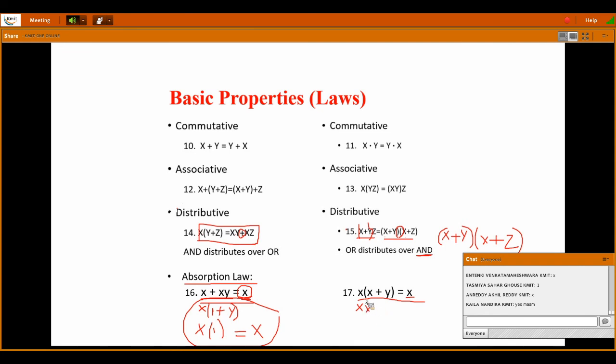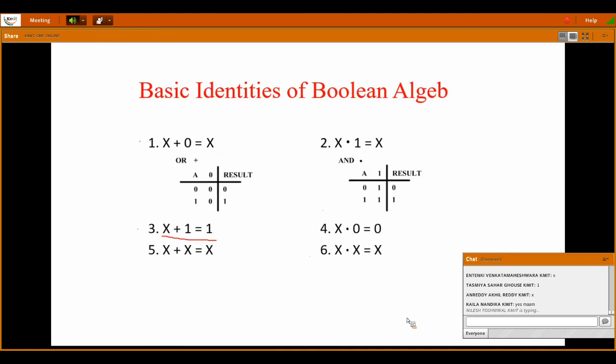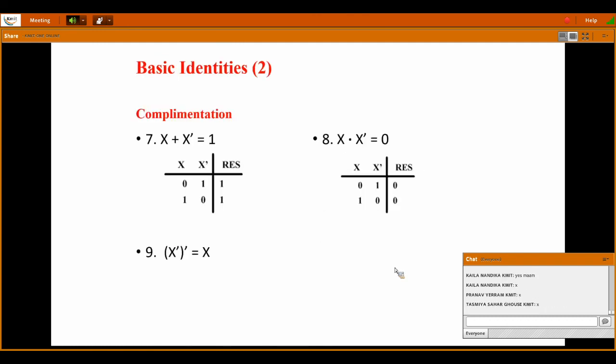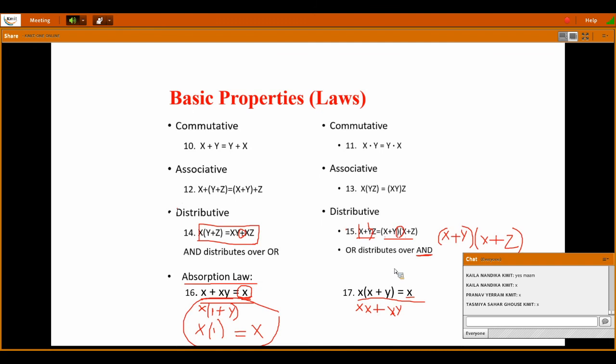So distributive law: x into (x plus xy). Okay, now what is x into x? Your previous identity. What is x into x? See here. x into x is what? x. Okay, same thing I'll apply here.